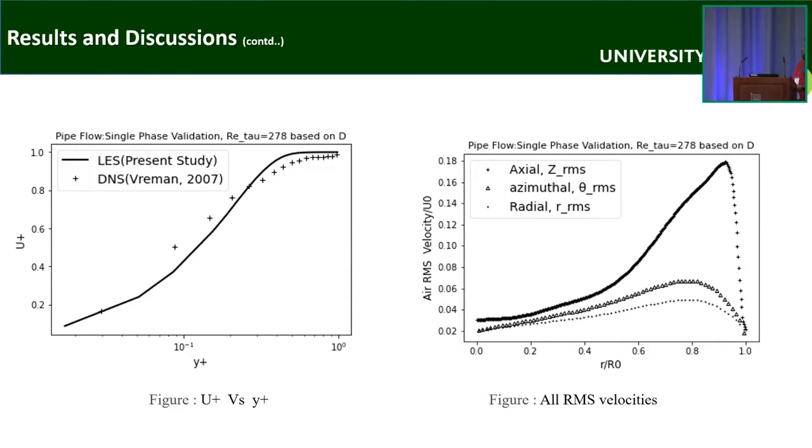These are in fairly good agreement with the DNS data of Bremen 2007. I expect that with a longer run of my simulation, this agreement will get better.